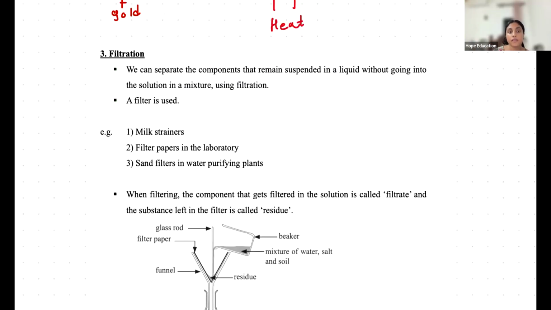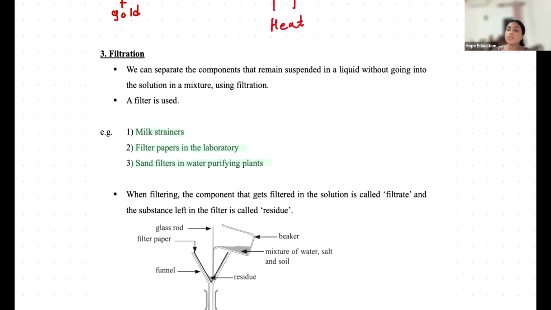Similarly, in the lab there are filter papers. There is a type called filter paper, like a round sheet. We can fold that sheet and use it as a filter. In water purifying plants, we have sand filters. In those large water purifying systems, there are different layers of filters. There is a layer of charcoal, then a membrane sort of filter, and then a sand layer.